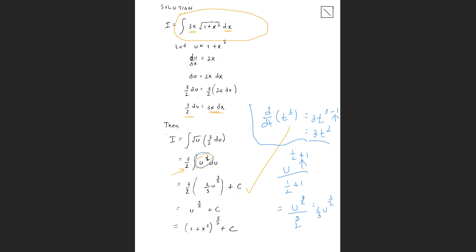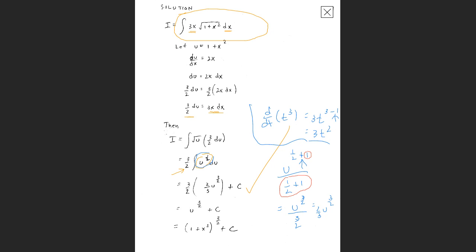And then 1 half plus 1, we put that in the denominator. This is just a rule that you need to review a little bit.